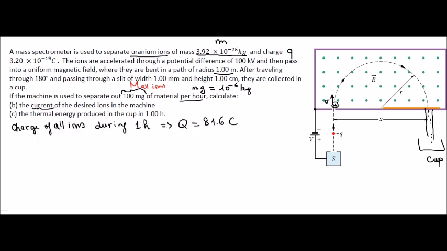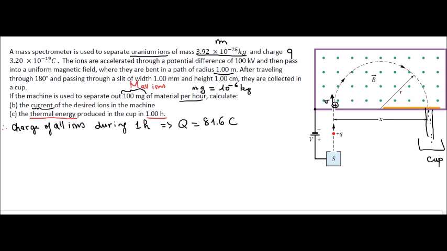So let's go to question C now. The question is, what is the thermal energy produced in the cup during 1 hour? Just to remind you the result of question B: the total charge of uranium ions during 1 hour is 81.6 coulomb.